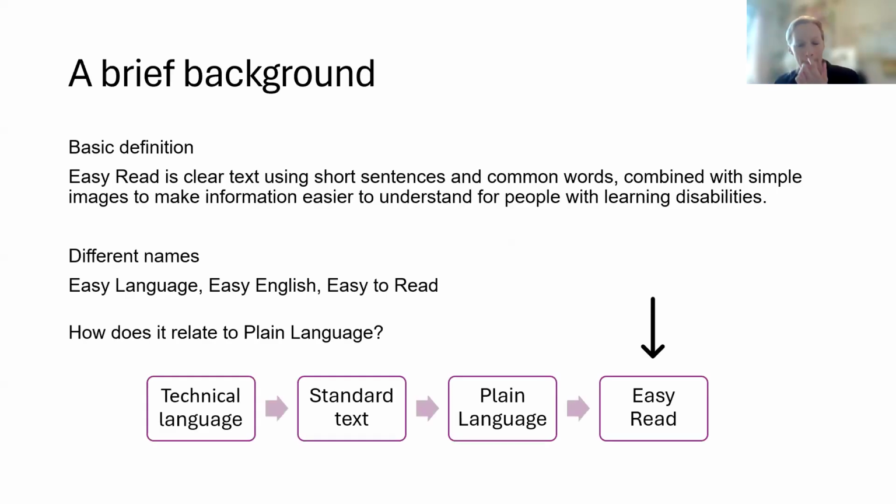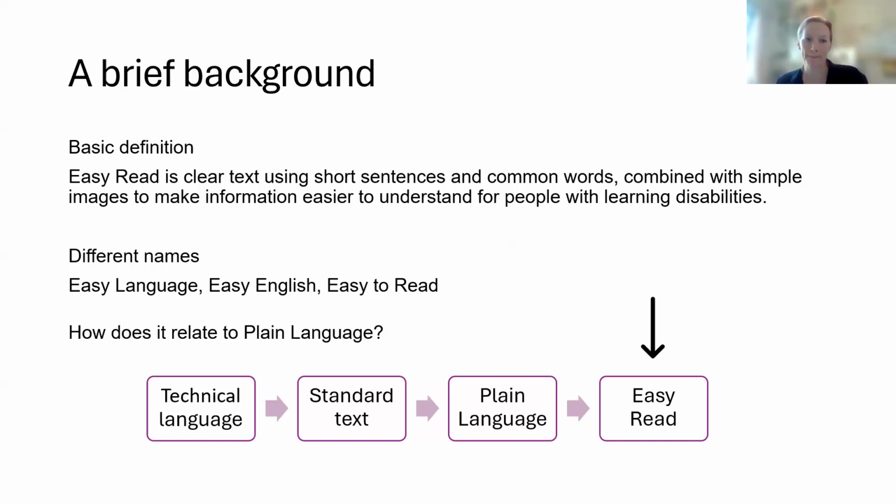Okay, so first of all, about easy read and accessible information. There are lots of different terms: easy read, easy English, easy to read, and I know it's quite confusing, so I just wanted to give a bit of background there. Easy read is clear text using short sentences and common words, combined with images to make information easier to understand for people, and it's generally for people with learning disabilities.